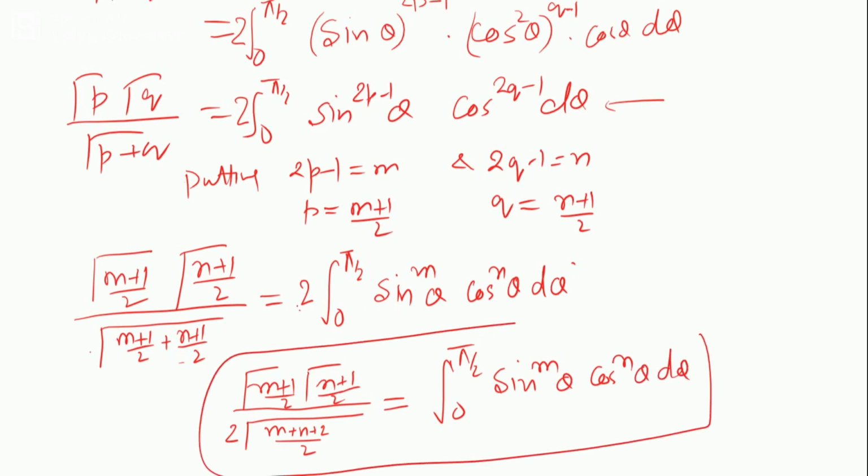Means if we have the integration from 0 to pi by 2 of sine square theta cos cube theta d theta, we can easily, or directly, write the value of that integration by that relation.